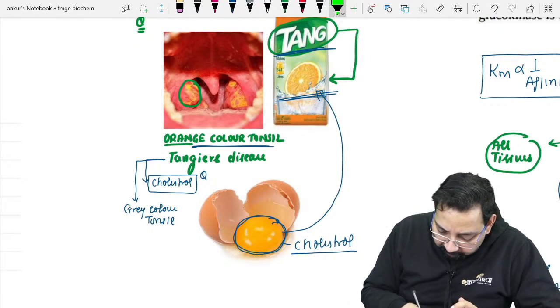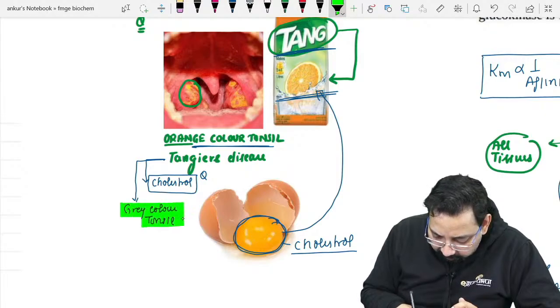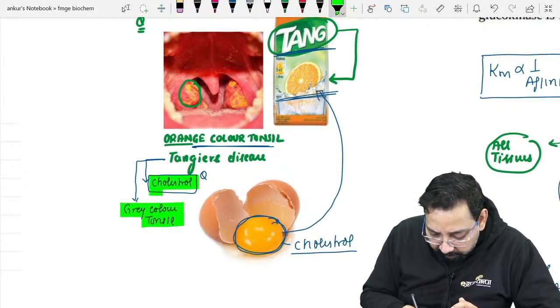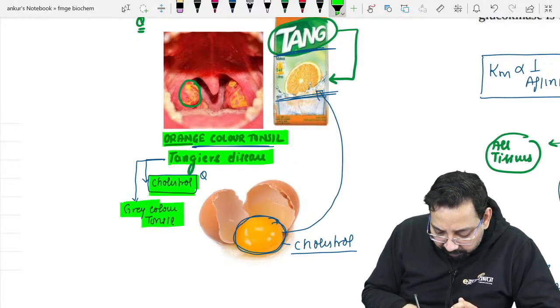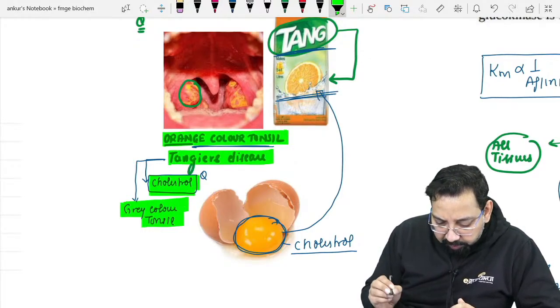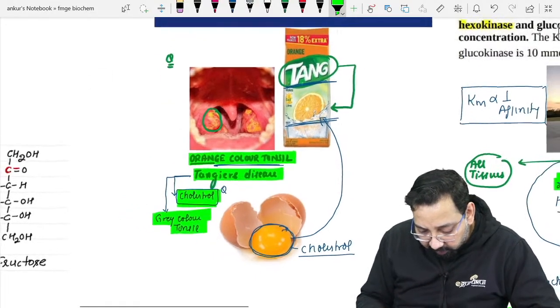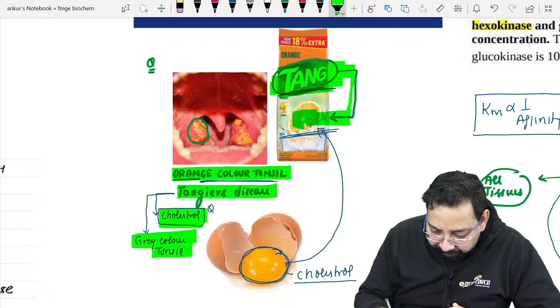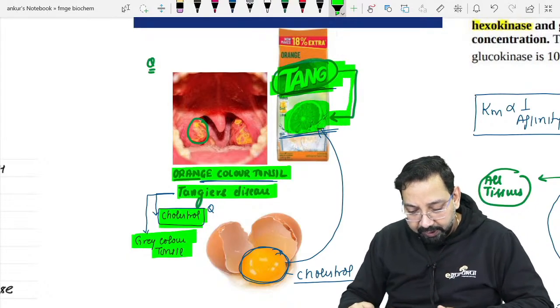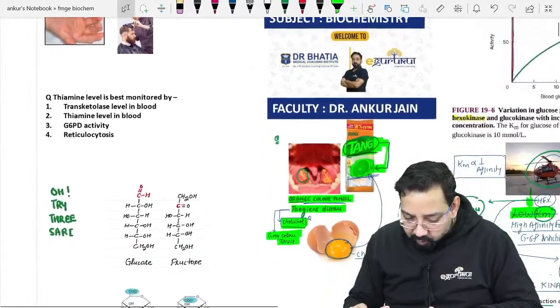I will discuss the exact mechanism; don't worry for the time being. Orange tonsil, Tangier disease, sometimes gray tonsil, cholesterol metabolism is defective, and the most common color is orange. So I correlated.